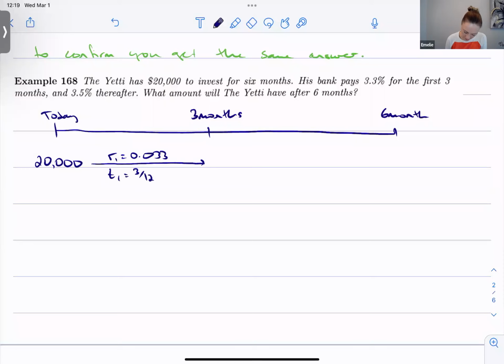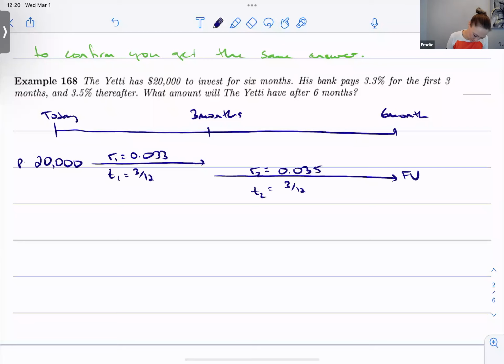And then I just show that it's a slightly different rate. Rate 2 is 0.035. And 3 to 6 months is, again, just 3/12 of a year. So then I want to find this future value. P is 20,000.